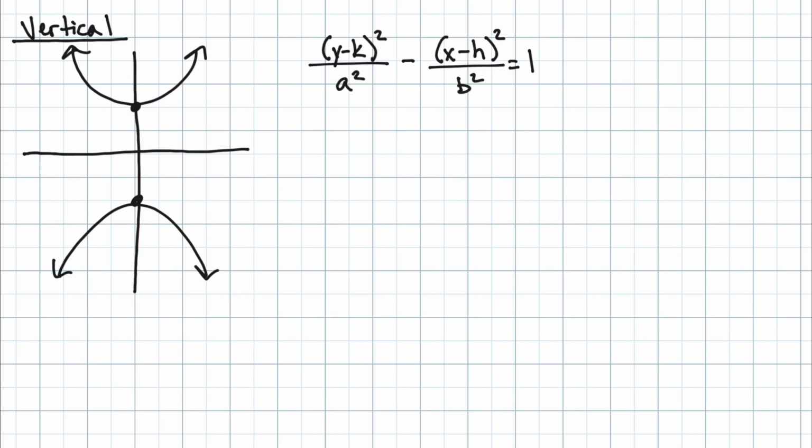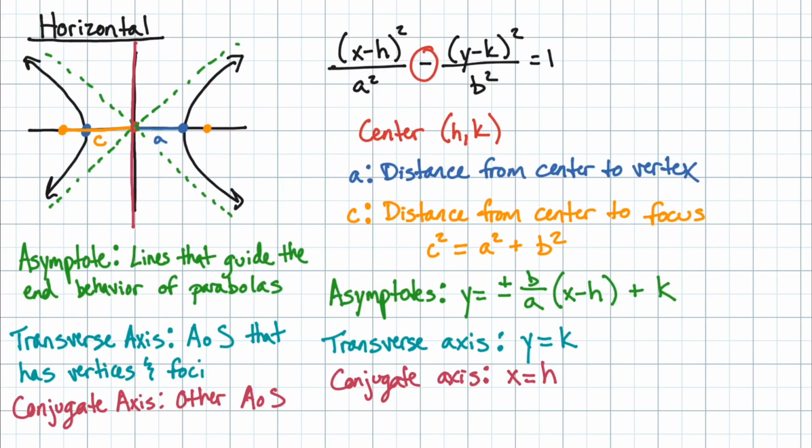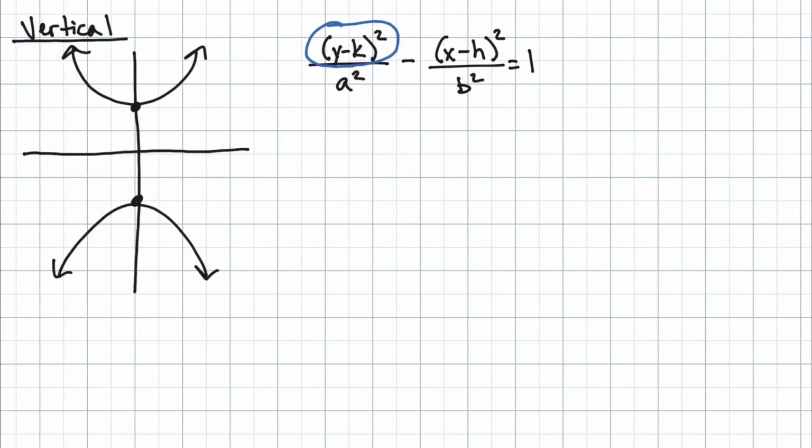Okay, I want you to look at your equation for the horizontal hyperbola and just think to yourself, okay, what is the difference between these equations? I am hoping in your pondering time that you have discovered the only difference is that in the vertical hyperbola, y comes first. In the horizontal hyperbola, x comes first.